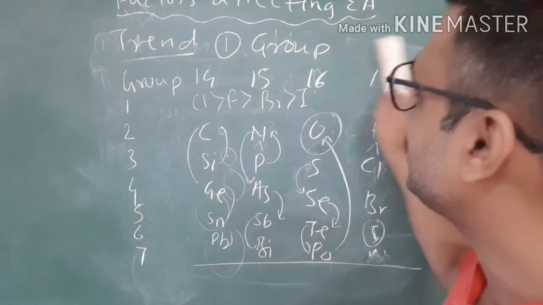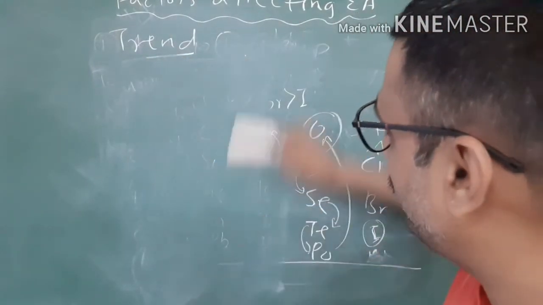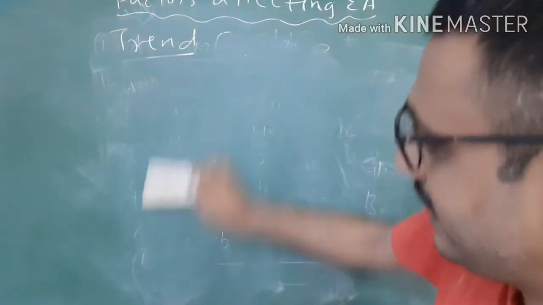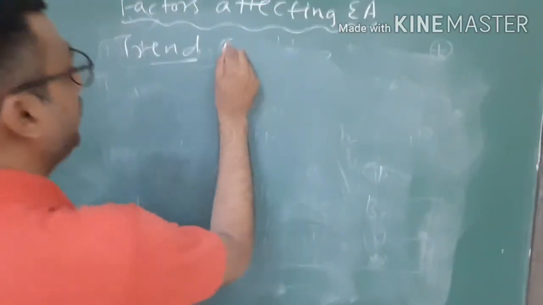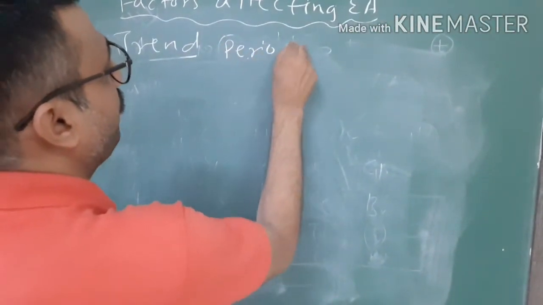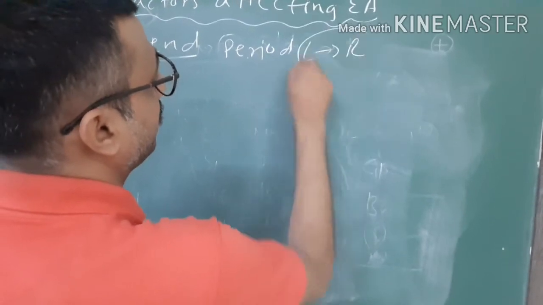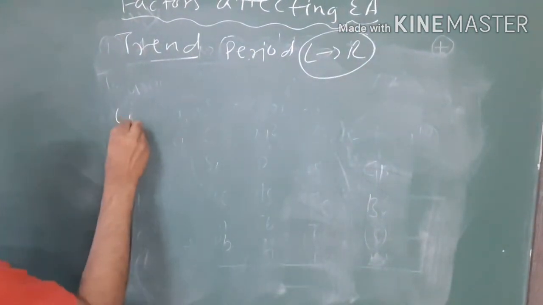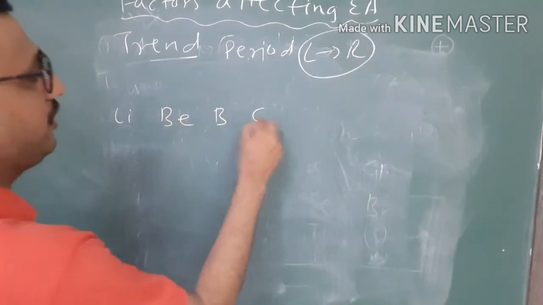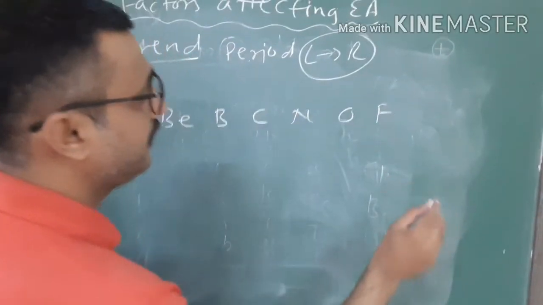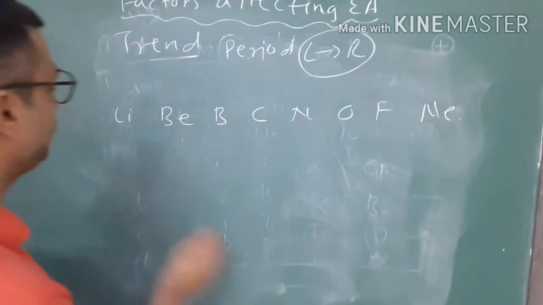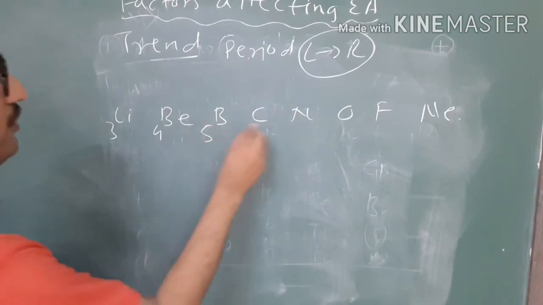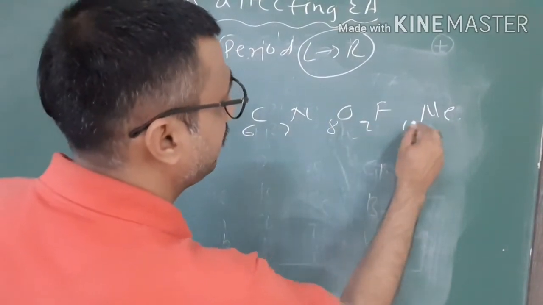So this is about the trend in a group, with some exceptions. Now, trend in a period. If we move from left to right, what will happen? Lithium, beryllium, boron, carbon, nitrogen, oxygen, fluorine and neon are the second period elements we are discussing. Their atomic numbers are 3, 4, 5, 6, 7, 8, 9 and 10.